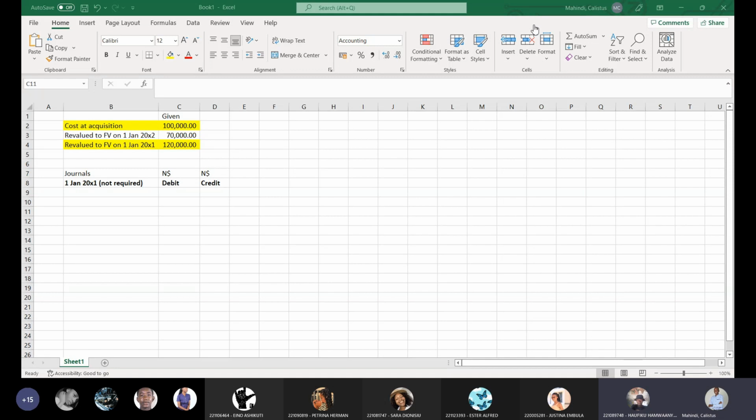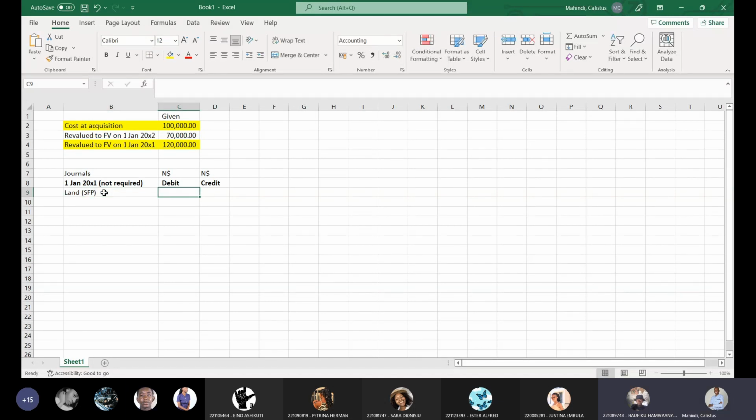Land is what type of element? Assets. And assets increase on what side? The debit side. Exactly. So since land is increasing, we're going to have to debit the land, and land, we said, is an asset, and assets appear in the statement of financial position.